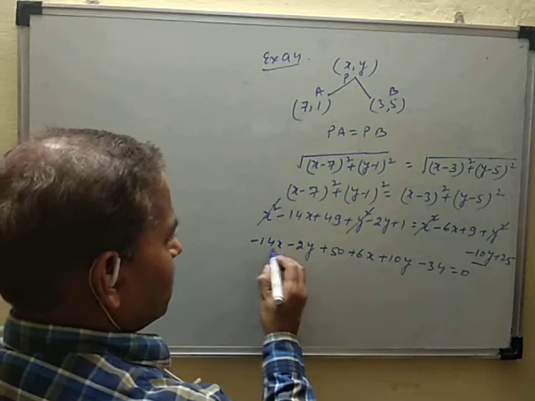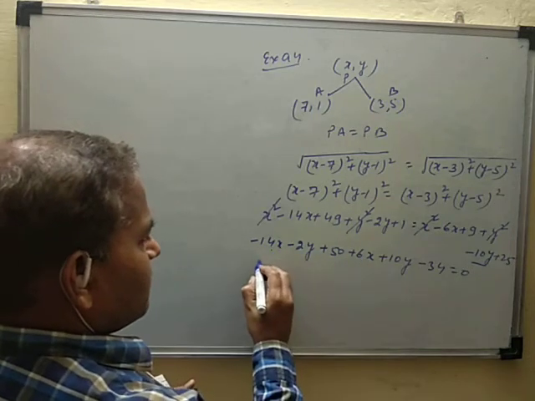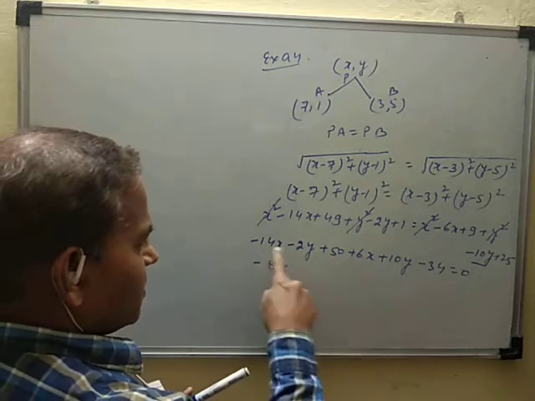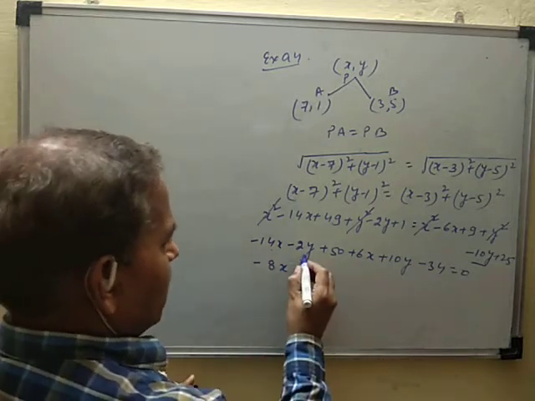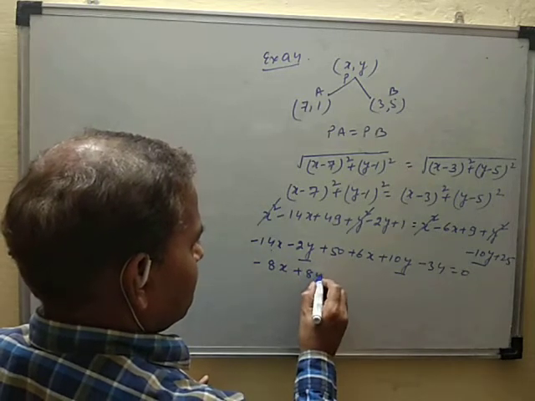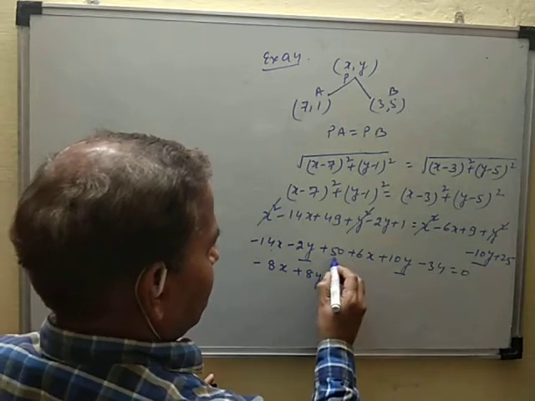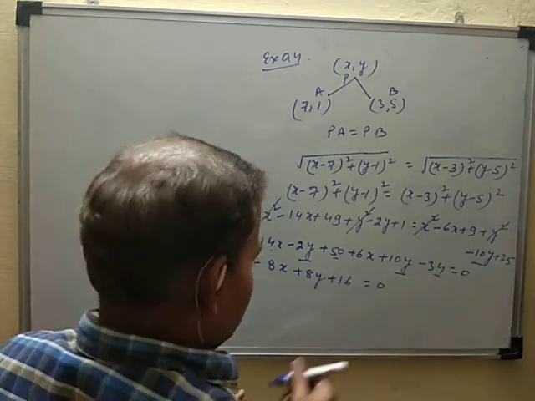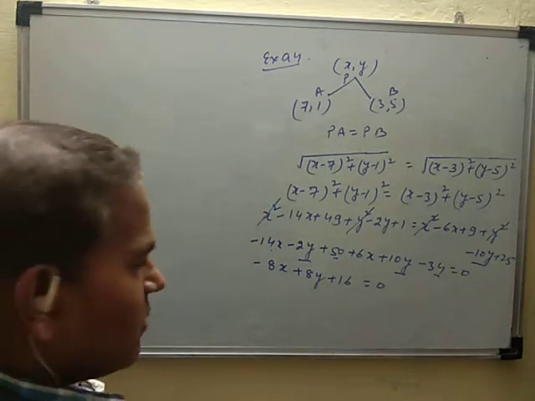So minus 14x and plus 6x equals minus 8x, minus 2y plus 10y is plus 8y, and 50 minus 34 is 16, equal to 0.